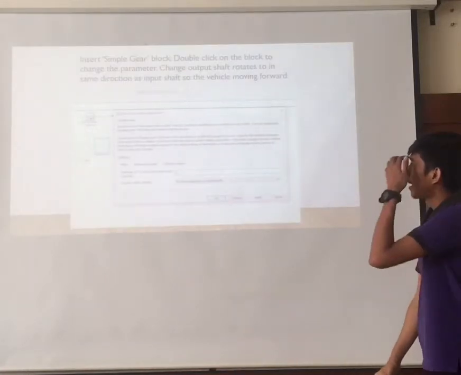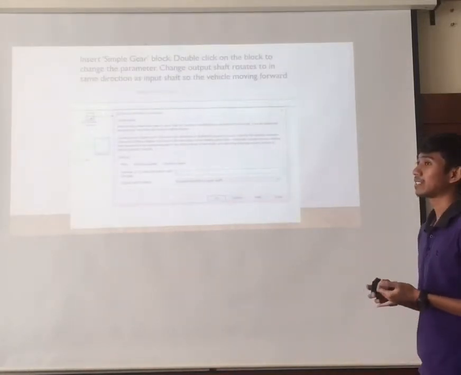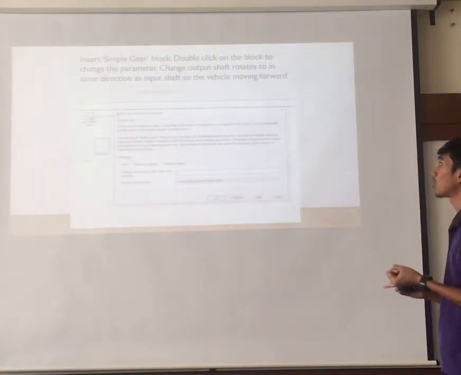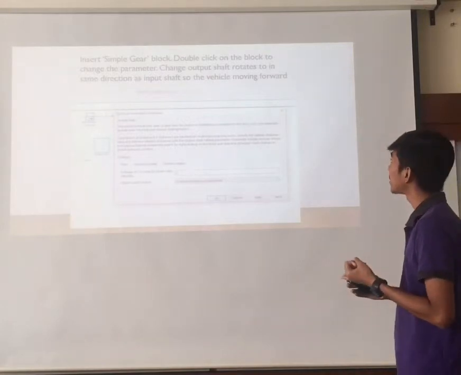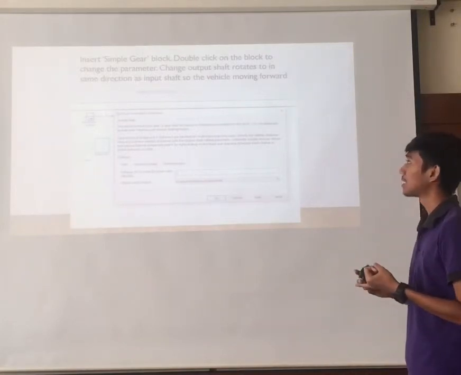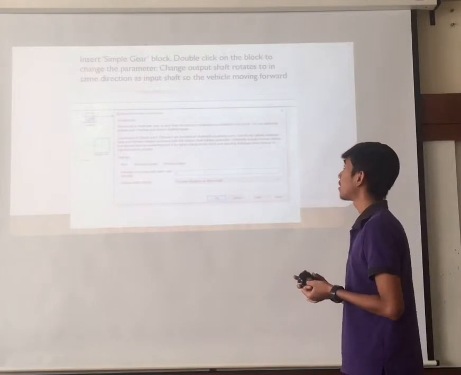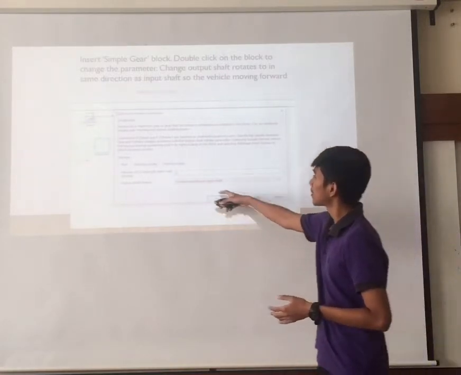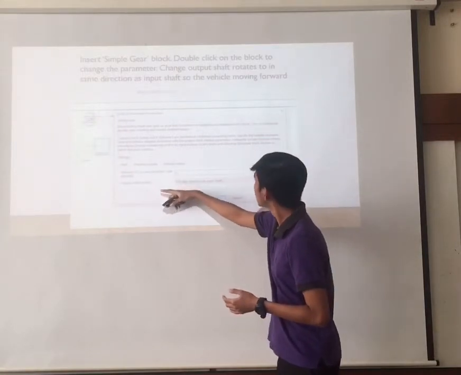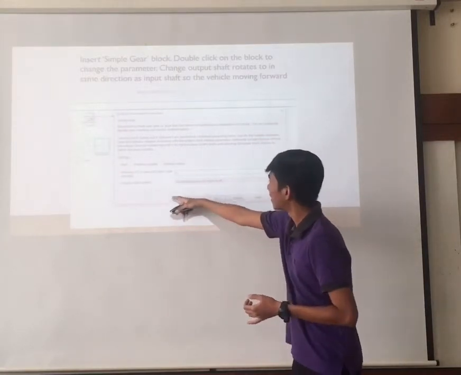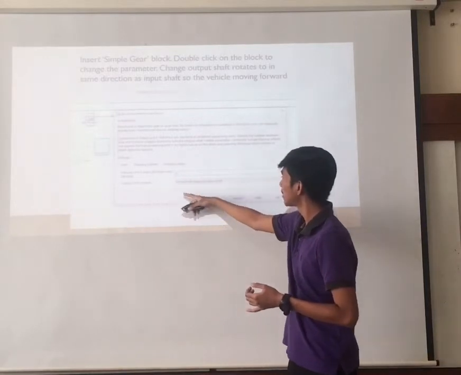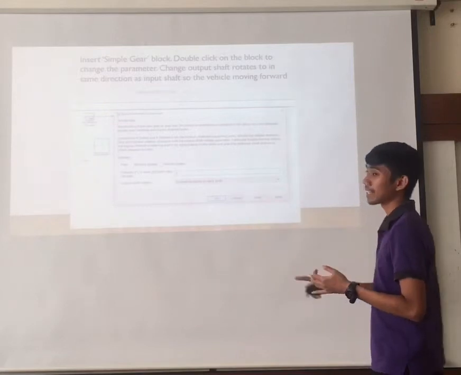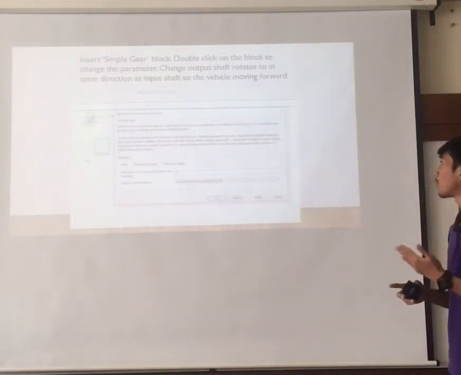Then, to keep it simple, we insert a simple gear block. Double click on the block to change the parameter. Change the output shaft rotation to this one: the output shaft rotates in the same direction as the input shaft, so that the vehicle will move forward.